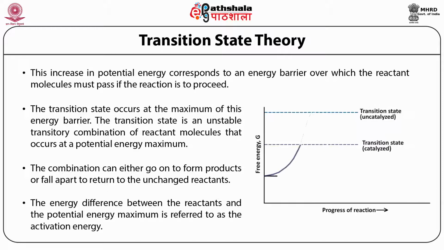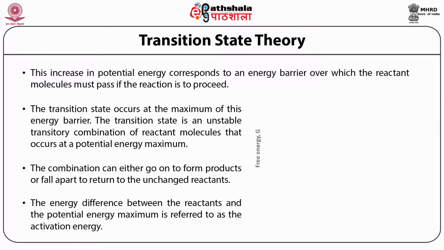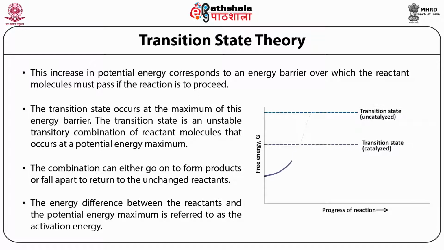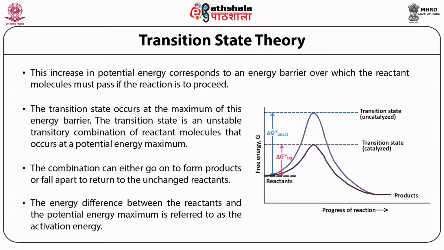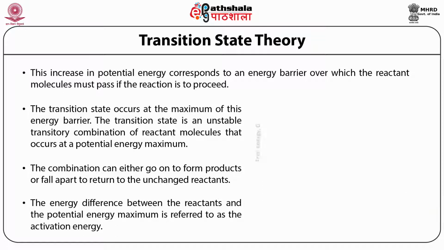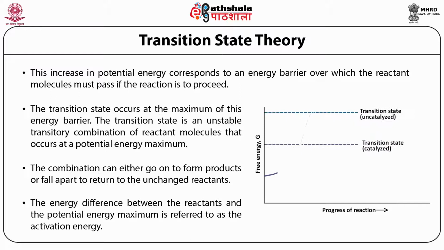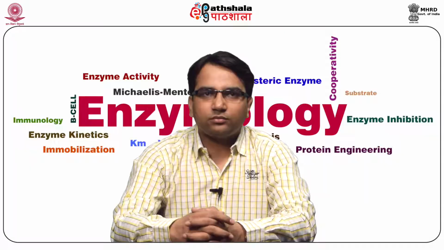But when an enzyme or catalyst comes into the picture, it alters the energy of the transition state and finally makes more and more reactant molecules cross the transition state barrier, and that leads to the formation of the product. Therefore, enzymes and catalysts initiate the reaction by interfering with the transition state.